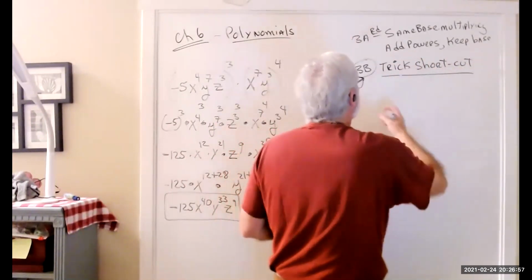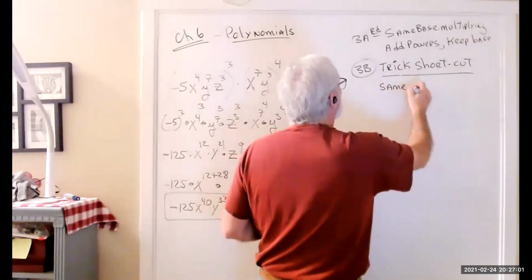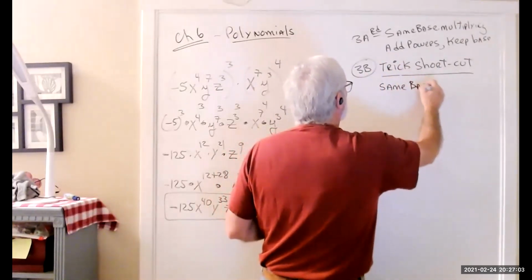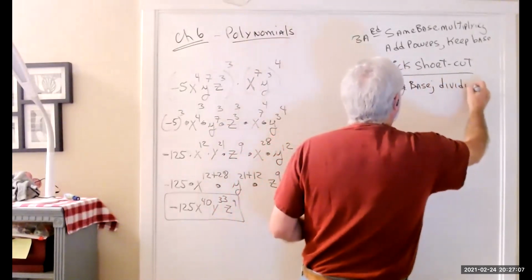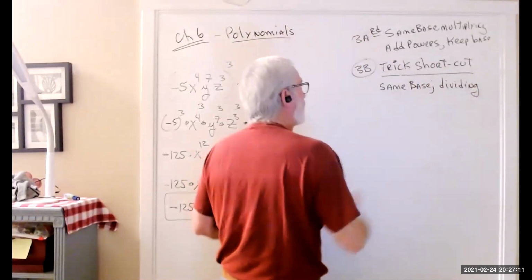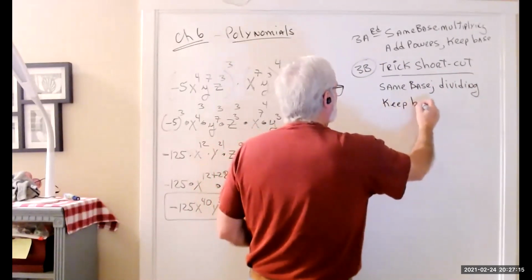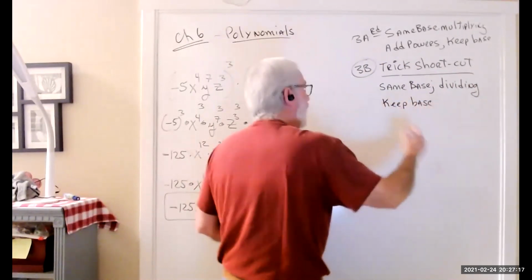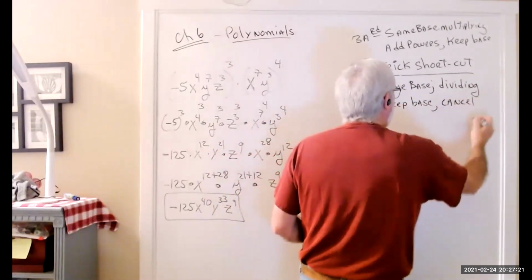I'm going to avoid rules now, but what if they're the same base, but they're dividing? You're going to keep the base and you're going to cancel powers.